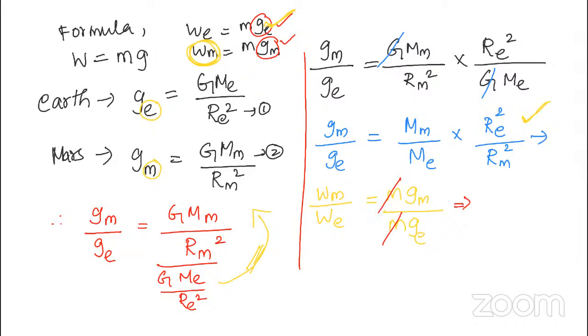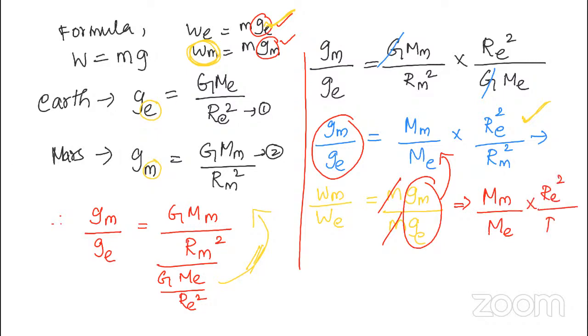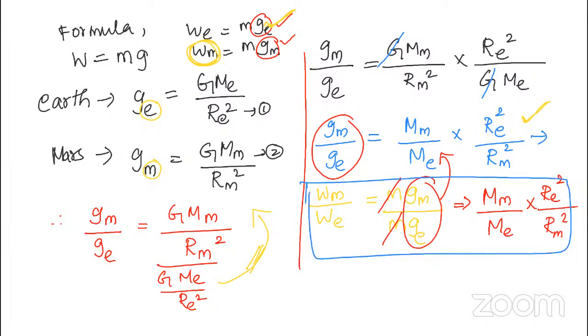Finally, we get the expression: M M divided by M E into R E square divided by R M square. If we know the formula, we can directly substitute. For weight, the mass values appear as M M over M E, and the R values are inverted, R E square over R M square.